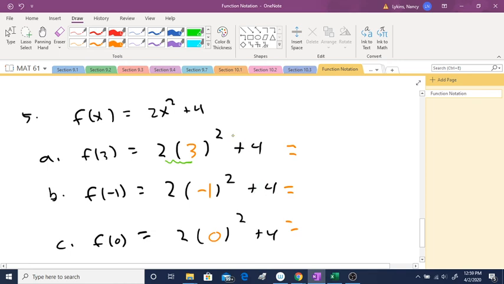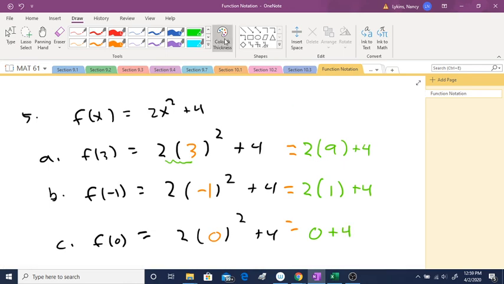That is not how you do it. You have to go ahead and square the 3 first to give you 9 and then plus 4. Same thing with part B. You still have your 2, but then you say -1 squared, which is a +1 plus 4. And finally, 0 squared times 2 is 0. I like this one, plus 4.